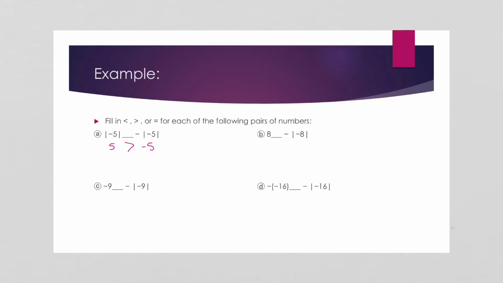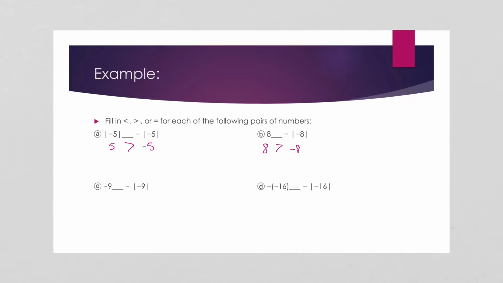All right, so let's look at part B. I'm comparing 8 to, now look at this, I've got negative 8, the absolute value of negative 8, which is positive 8. However, I got to multiply it times this negative sign on the outside. So I'm left with negative 8 there as well. So positive 8 is greater than negative 8.